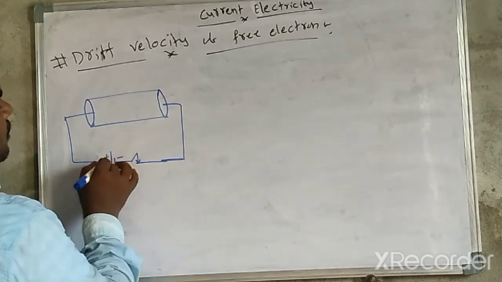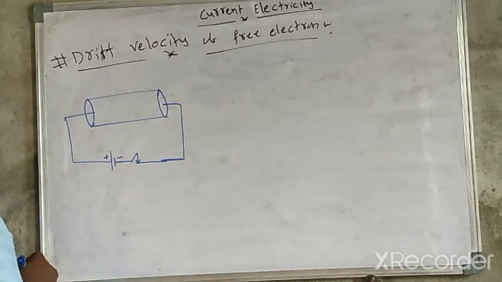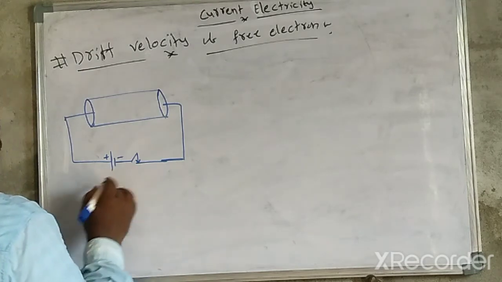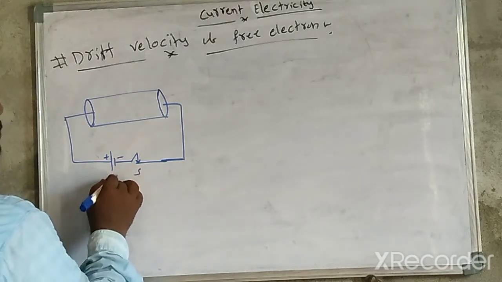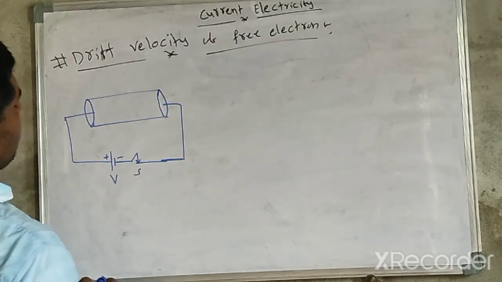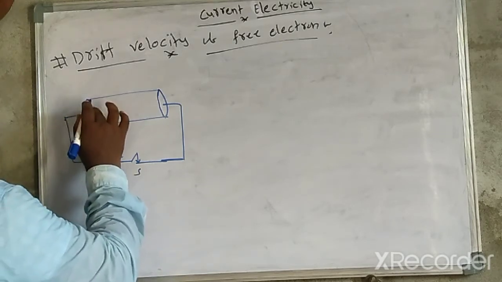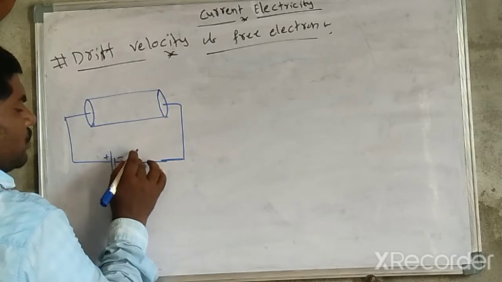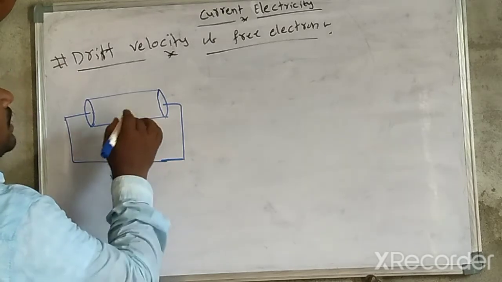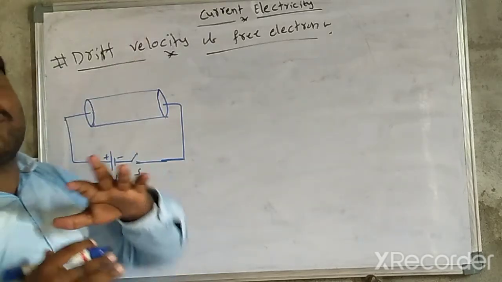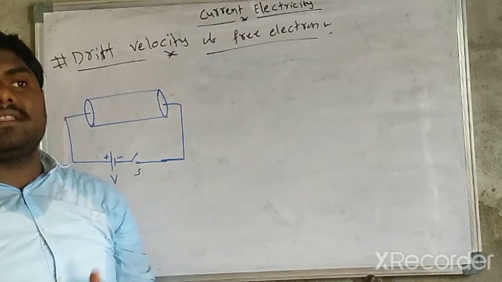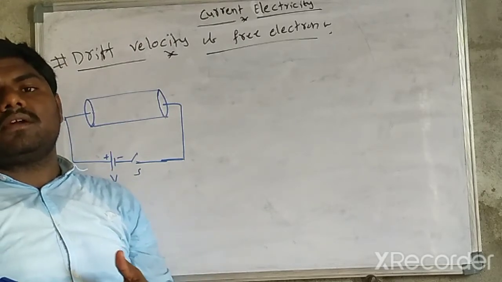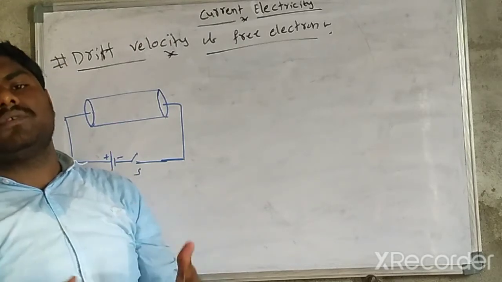Here the negative, here the positive terminal. This is a switch, and this is a battery of potential V. Before the switch is closed, the free electrons inside the conductor move in random directions, like Brownian motion, a zigzag motion.